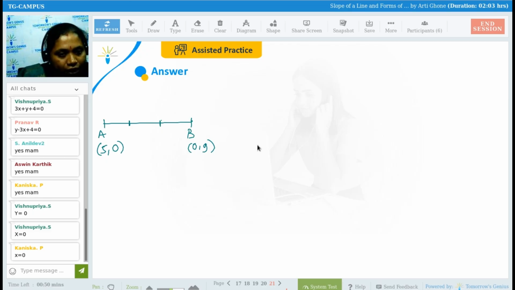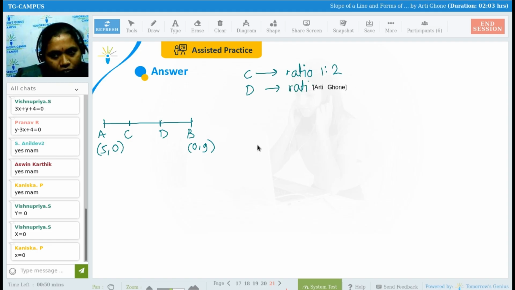So to find the coordinates of C, take the ratio: this part is 1 and this part is 2. So the ratio will be 1:2, internal division. And to find the coordinates of D, the ratio will be 2:1. So you can use the section formula and tell me the coordinates of C and D respectively. Yes or no? Got it? Clear?